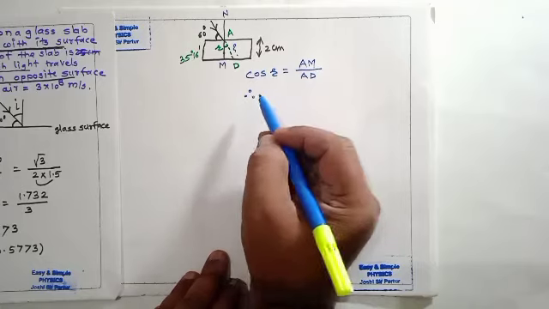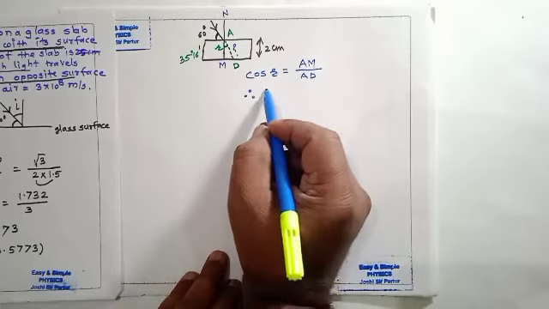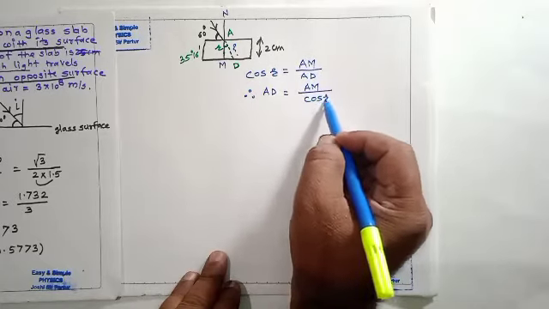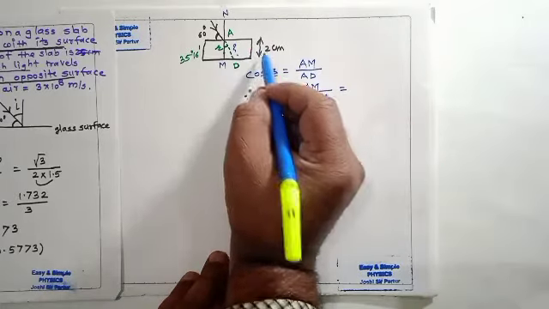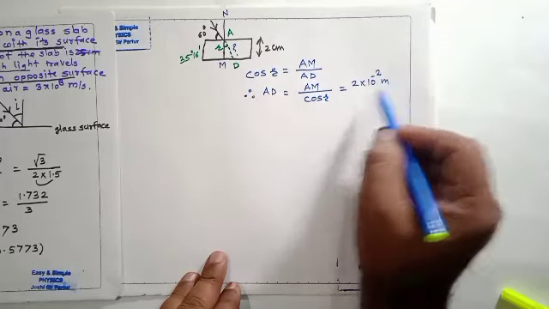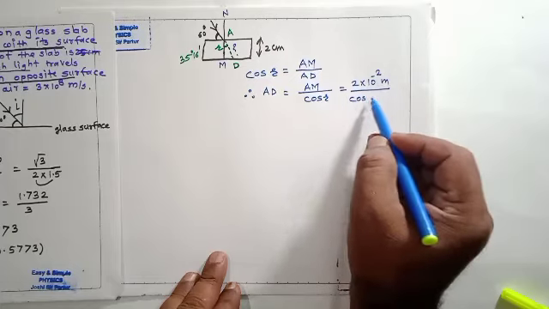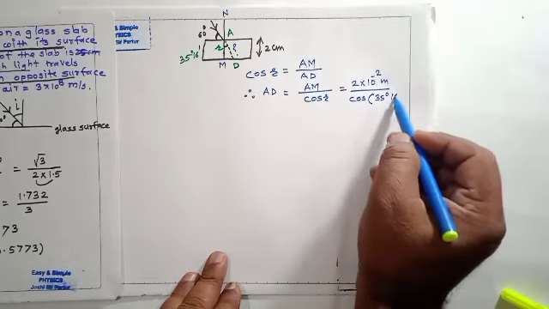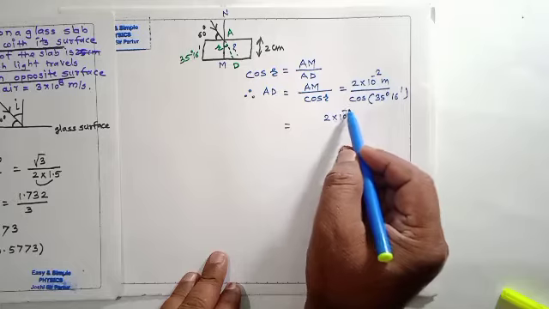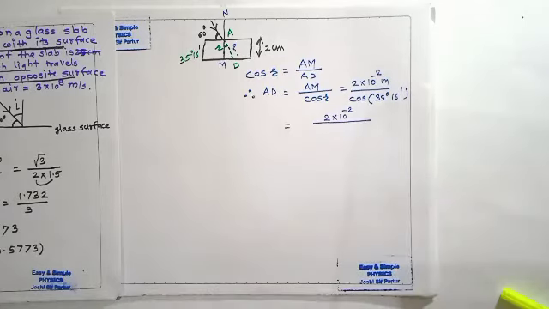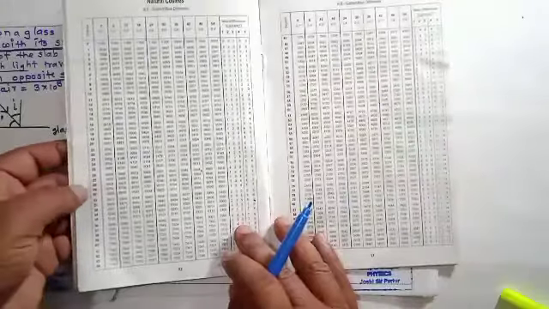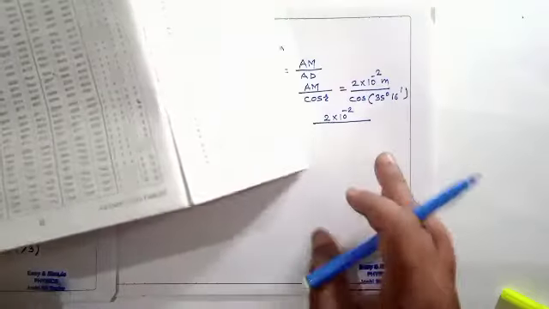Therefore AD is equal to AM divided by cos R. Here the value of AM will be 2 centimeter, 2 into 10 to the power minus 2, that will be in meter, divided by cos of 35 degree 16 minute. So we solve 2 into 10 to the minus 2 divided by natural cosine of 35 degree 16 minute.